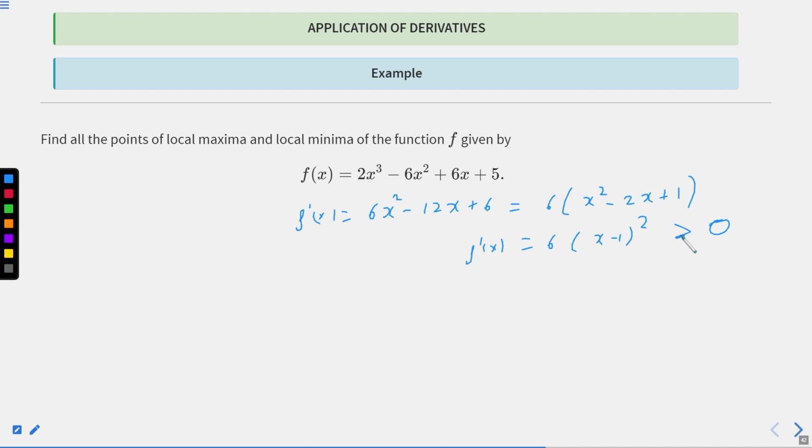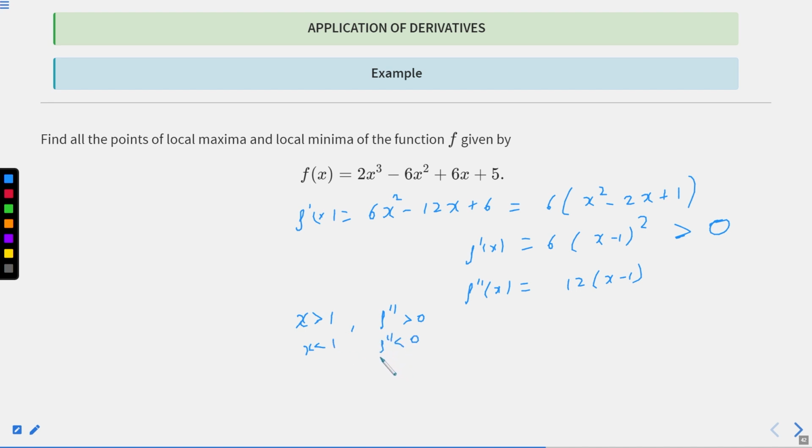And if you find the double derivative, then you will have 12x minus 12. And this means if x is greater than 1, then your f double prime is positive. And if x is less than 1, your f double prime is negative.